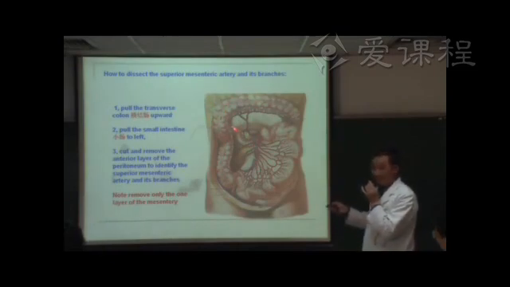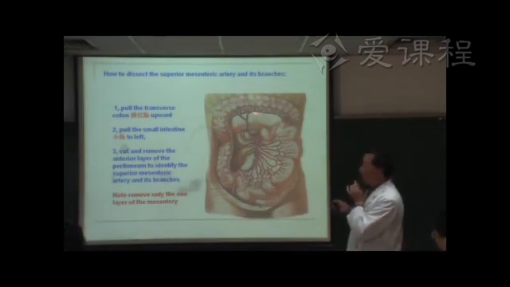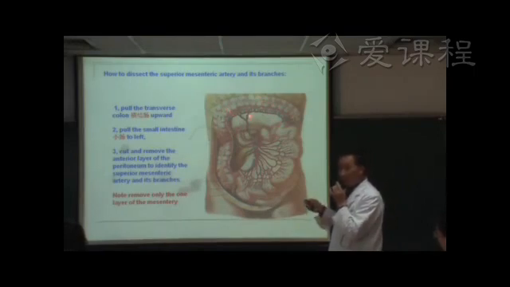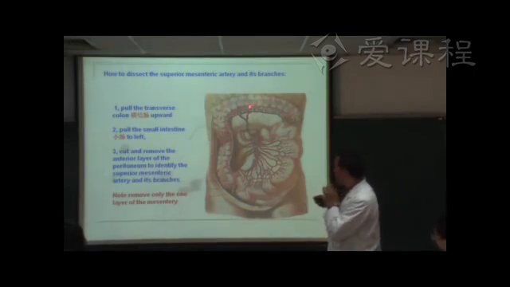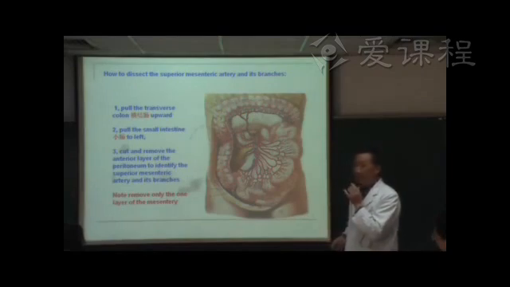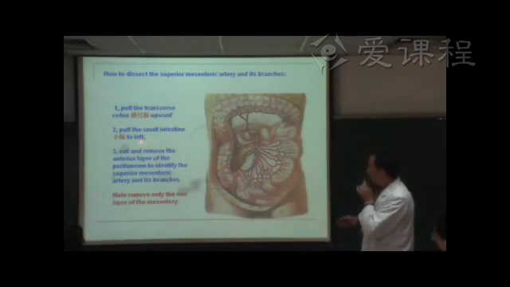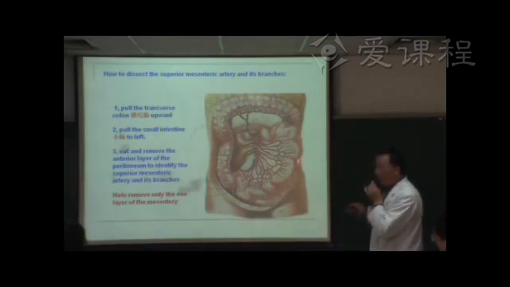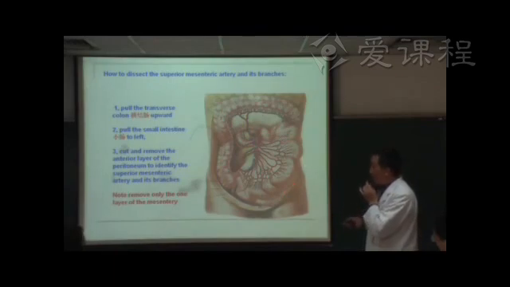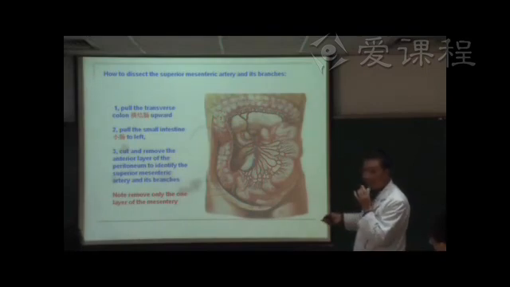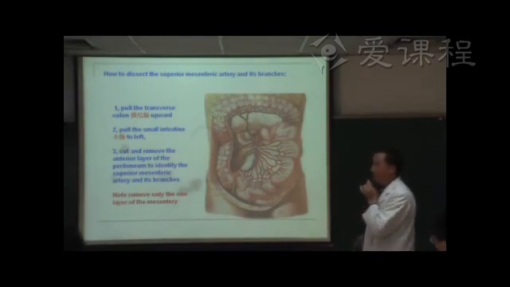What is this? Yes, this is the transverse colon. You pull the transverse colon upward. And then pull the small intestine to the left, like this. Can you do it? Of course, very easy.